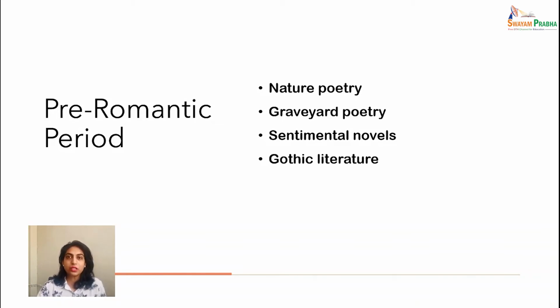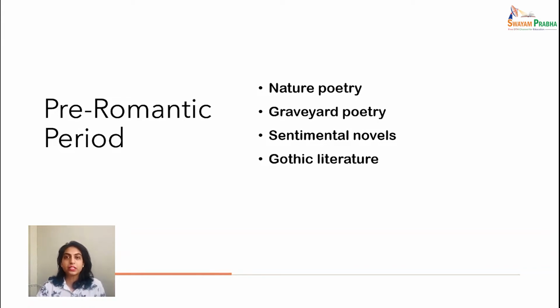The sentimental novels gave thrust to human sentiments in literature against reason and logic, and the Gothic novels like Horace Walpole's The Castle of Otranto and Matthew George Lewis' The Monk, and many others like these, revived the interest in the supernatural and mysterious elements much prevalent in medieval times.